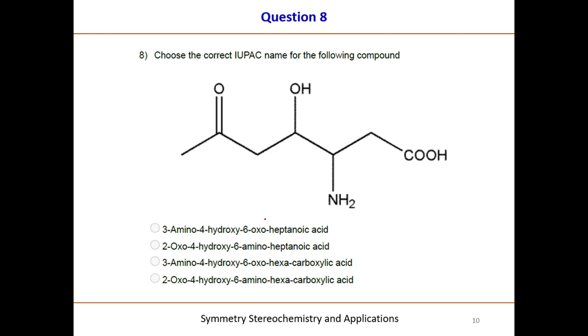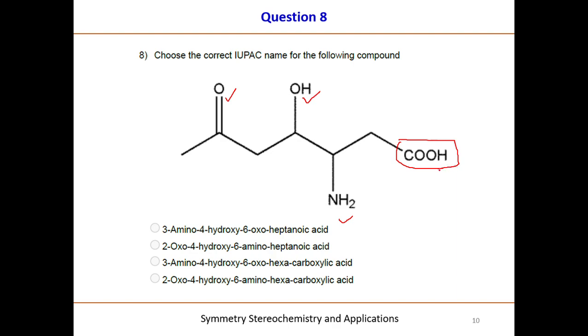This is question number 8. In this question, again you have to find the longest linear carbon chain, and the suffix and substituents present on that carbon chain. Here, as I told you, we have an acid group, amine, alcohol, and ketone, all are there. But which one is the highest priority? Carboxylic acid.